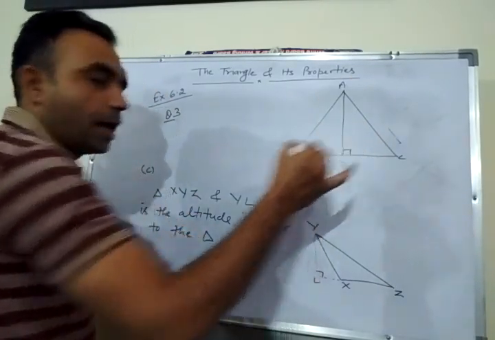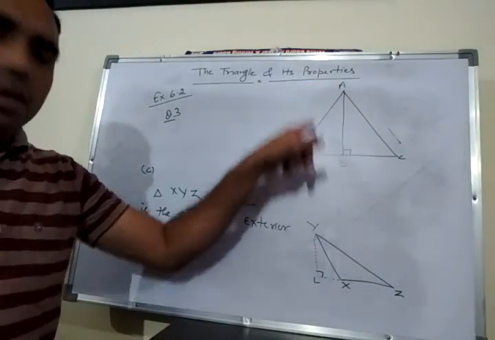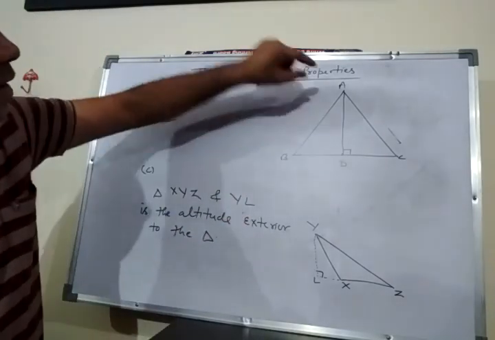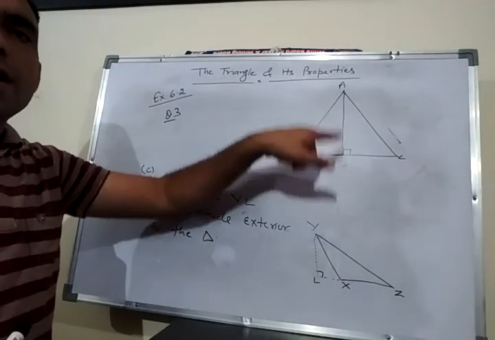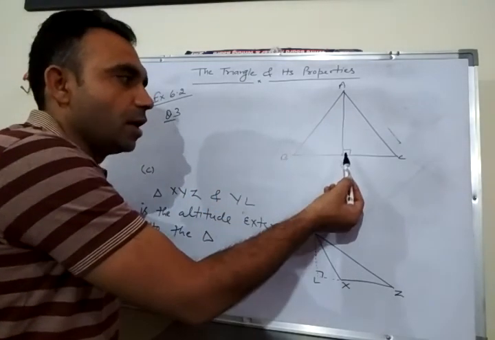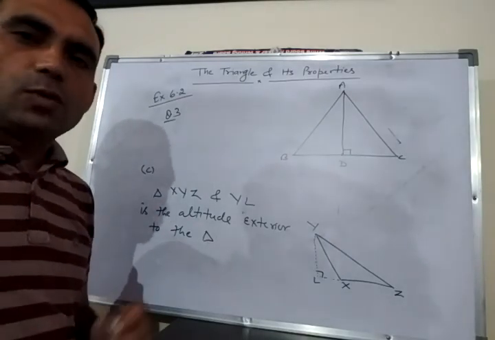Now you will measure angle D. If angle D is equal to 90, then AD is the median and AD is the altitude. So you have to verify that AD is a median also and AD is an altitude also. Take D as the midpoint and measure angle D. So this is the complete solution of exercise 6.1.